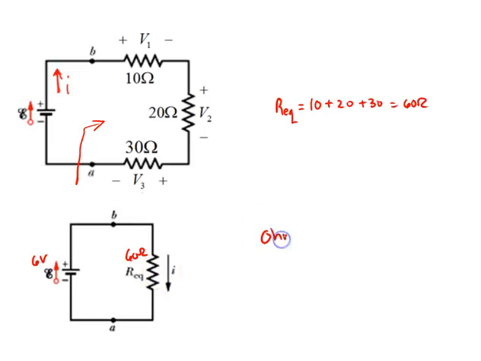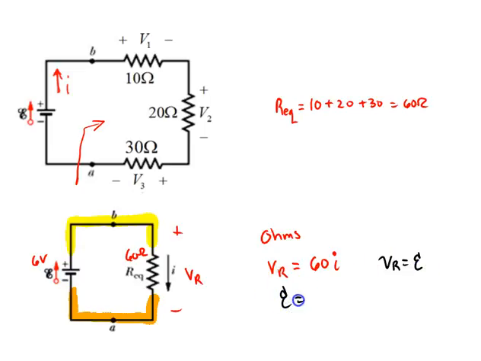So by Ohm's law here, we have that our voltage across the resistor is going to be equal to 60 times I. We know that the voltage across the resistor, since these wires represent equipotential surfaces, our V_R then must be equal to our EMF.